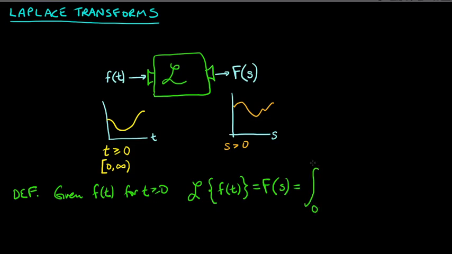We're going from t equals 0 to infinity, right? So it's actually an improper integral. And we're going to integrate e to the negative s times t times whatever f of t was, right? And we're integrating through t. So you can see now why this is a function of s, because we're integrating out the t, and what remains will be in terms of s. Okay.